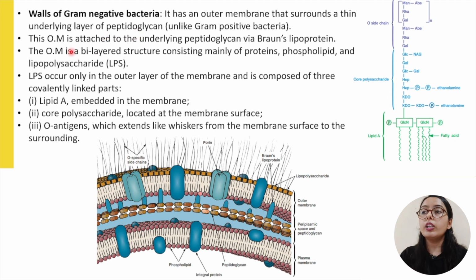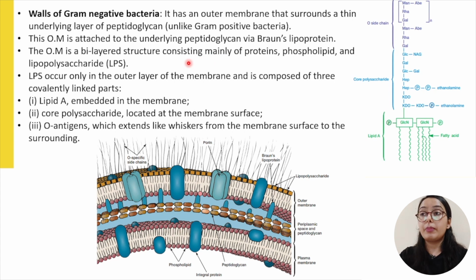It is attached to the peptidoglycan with the help of Braun's lipoprotein, the major protein present in the peptidoglycan of gram-negative bacteria, which is responsible for attaching the outer membrane to the peptidoglycan with covalent bonds.